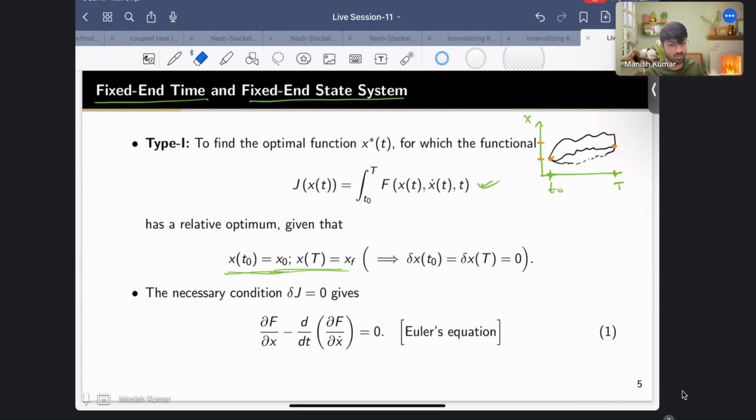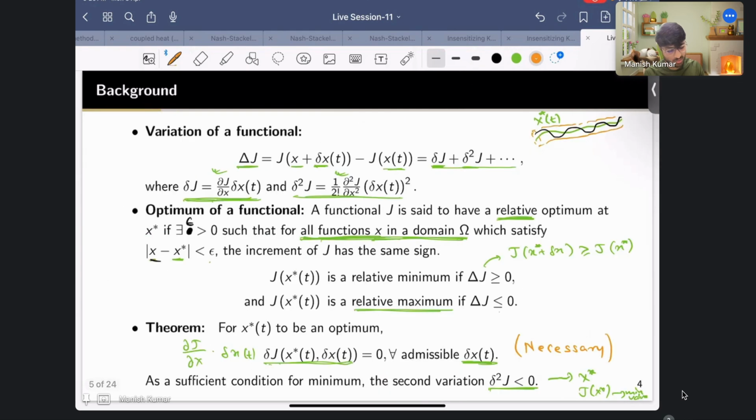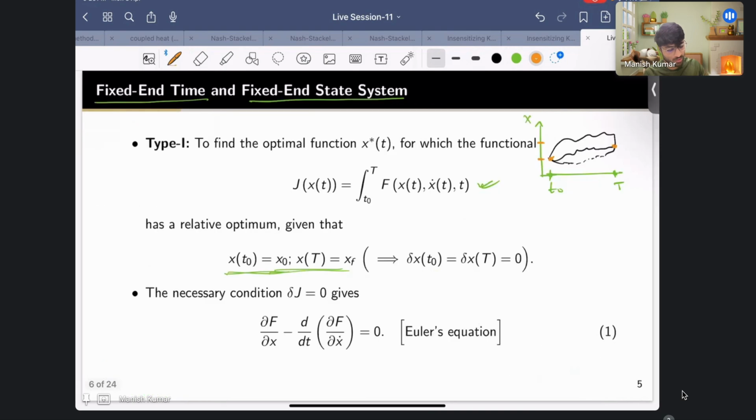When you try to do this analysis, you calculate delta J, you expand it by Taylor series, and you use this form of the functional. Then delta J equal to 0 will give you this condition, which is called Euler's equation: del f by del x minus d/dt of del f by del x dot.